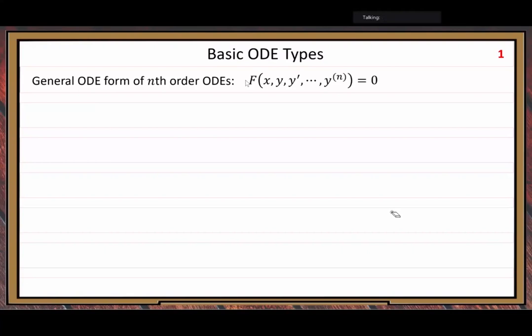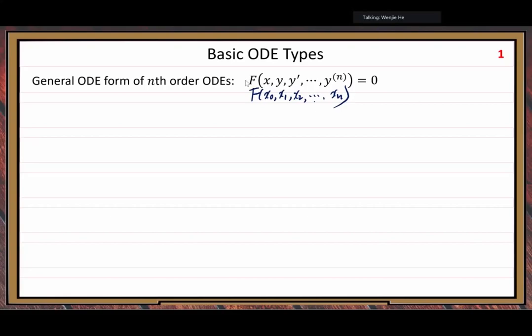For example, this function you can view in this way: you have x0, x1, x2, through xn. This is a normal multivariable function.